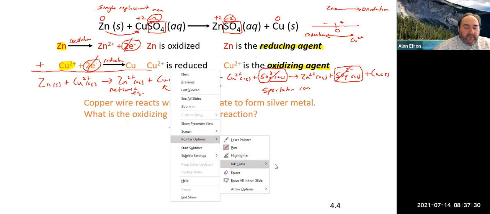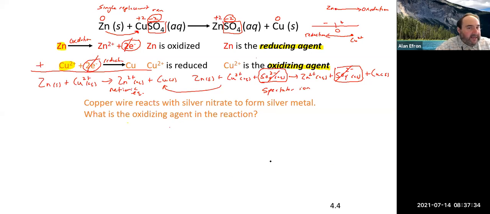So the way you want to remember it when you're talking about what is the reducing agent, what is the oxidizing agent, is it is opposite of its name. Now, this is different than being asked what is being oxidized and what is being reduced.